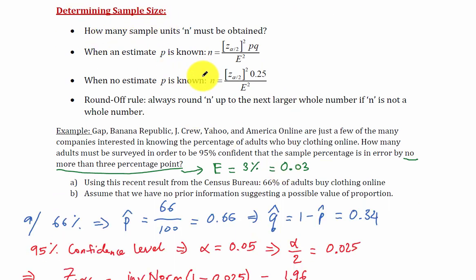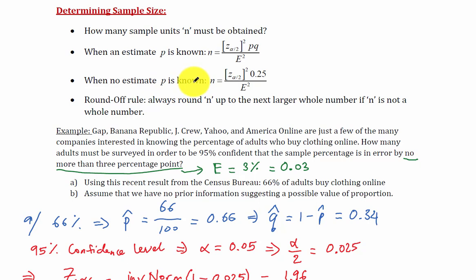So the question might come to your mind: how many sample units n must we obtain in order to get a good result? Now there are two cases: when an estimate of p-hat is known, or when no estimate of p-hat is known.